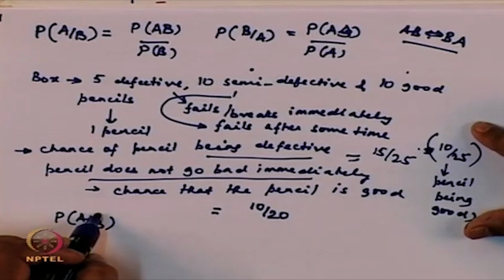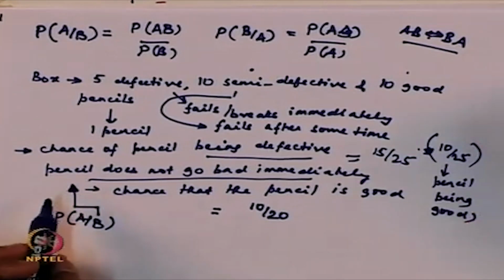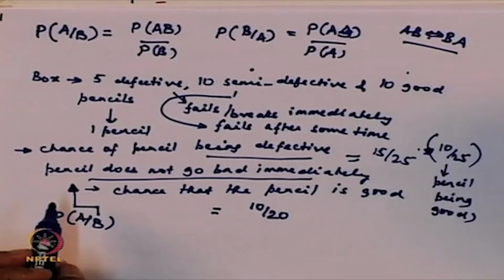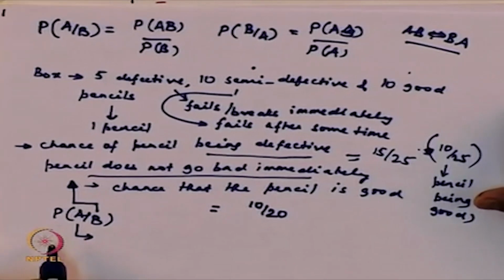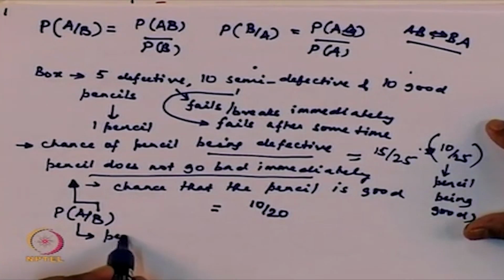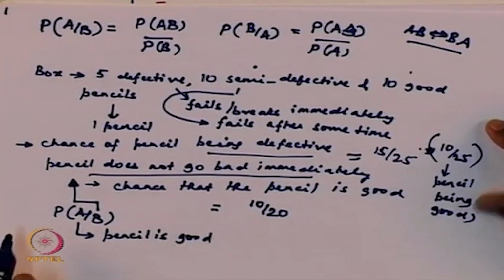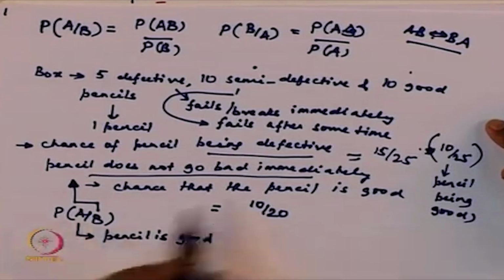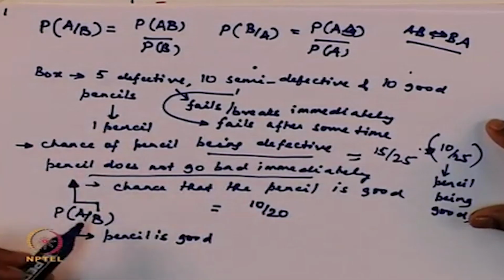This clause B is the event that the pencil does not go bad immediately, and A is the pencil being chosen is good. So probability of A is 10 by 25, but probability of A given B is probability of AB by probability of B.